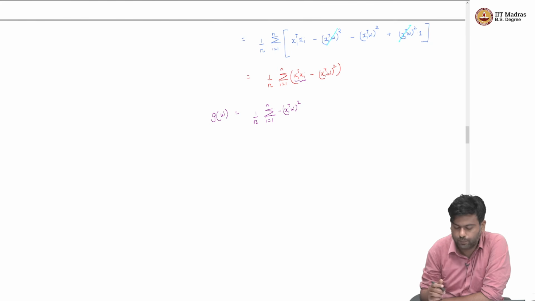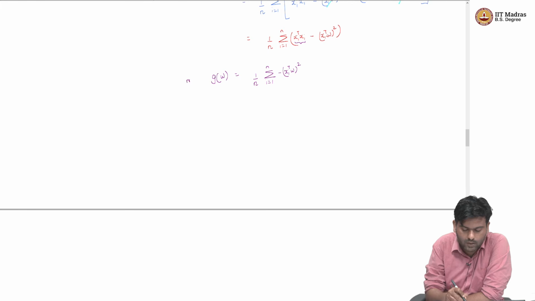in finding W. Okay. So now this is g of W, which has a negative sign. Of course, we want to minimize over all W such that norm of W squared, or W transpose W, is 1.